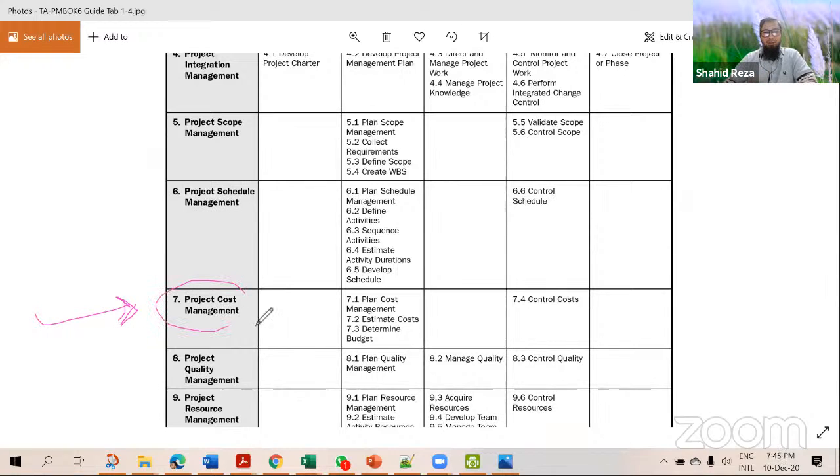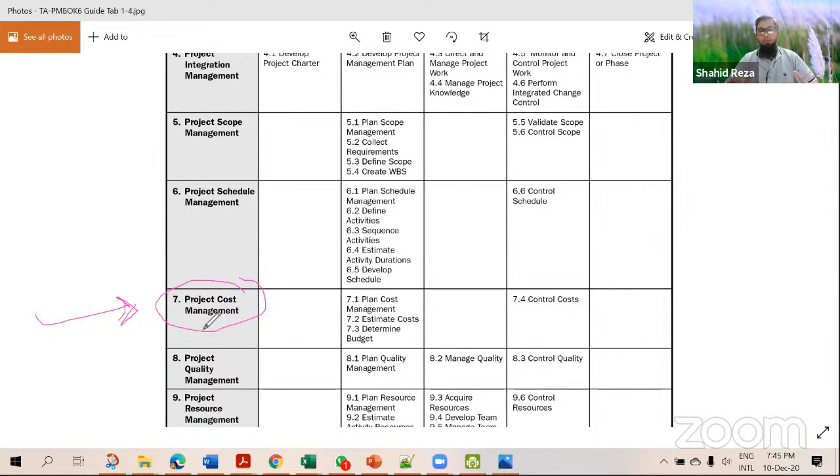We can easily answer that it is how we will do the budgeting or costing of the project. That means the processes of this knowledge area will help us to develop our project budget.